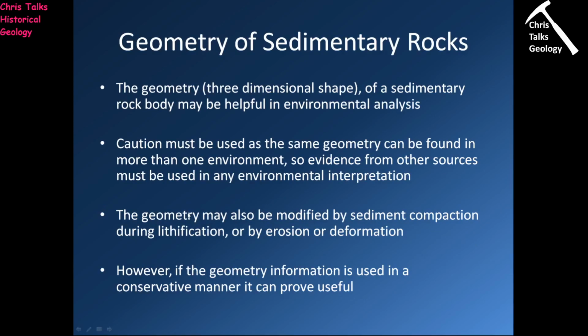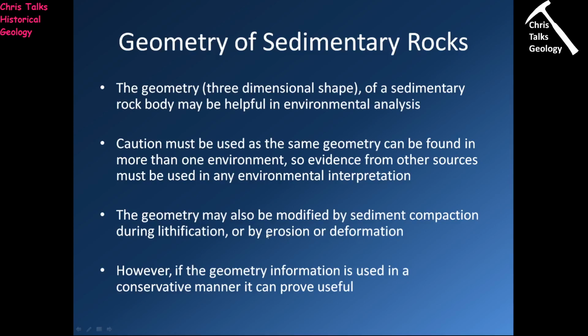Another piece of information that we can use is the geometry of our layer of sediment. What would it look like if we were able to view it in 3 dimensions? The vast majority of sediments are simply deposited as a layer. The geometry of the layer can sometimes be modified, during compaction of the sediment, or through erosion or deformation.